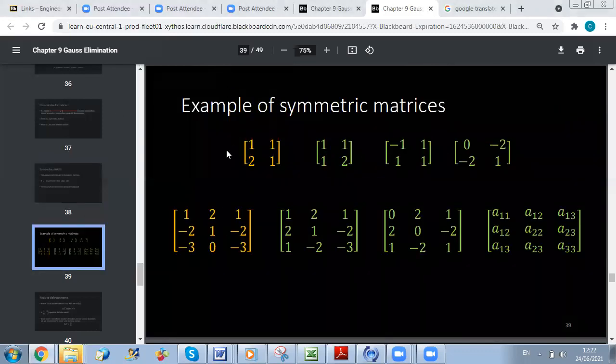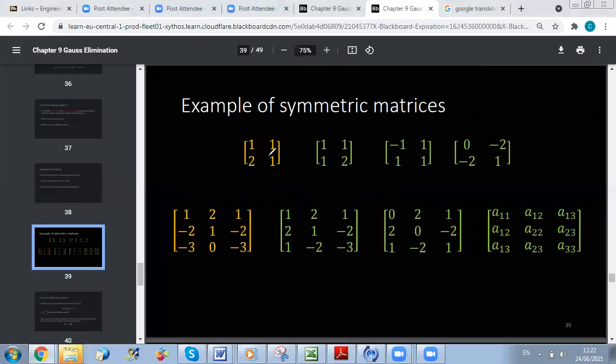For example, if you take these possible matrices, how can you check if a matrix is symmetric or not? You can know just by looking at it. If you take the diagonal elements, you should have a mirror with respect to the diagonal. So here, for example, it's not a symmetric matrix. For diagonal elements, you don't care.